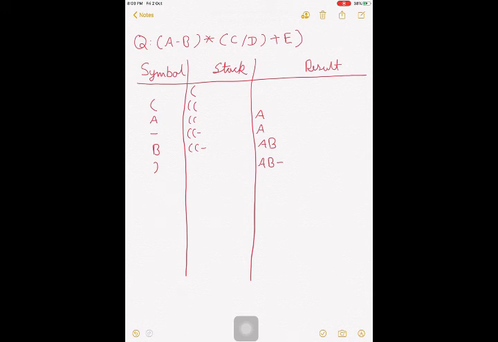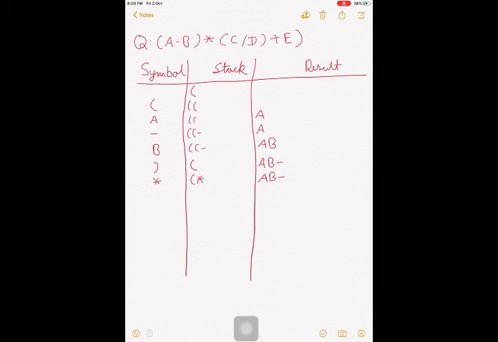So we are left with only one opening bracket that was there at the beginning. Then we have the multiplication sign. This will be pushed onto the stack and the result will be the same. You must write the result and the stack at every step. If you do not write it, it can sometimes be problematic for you to track the change.